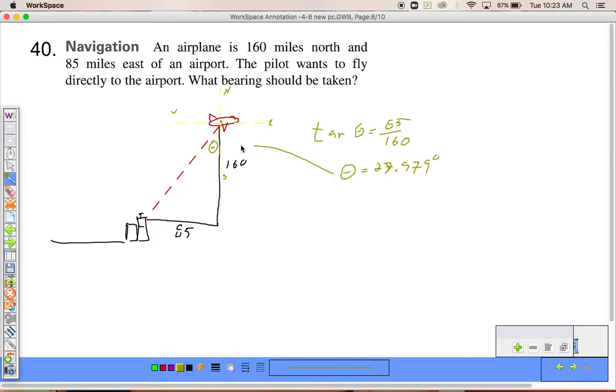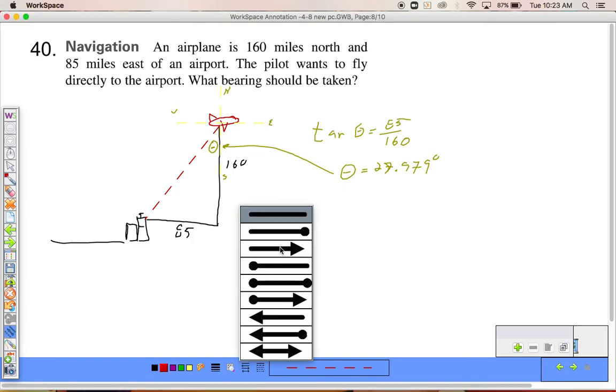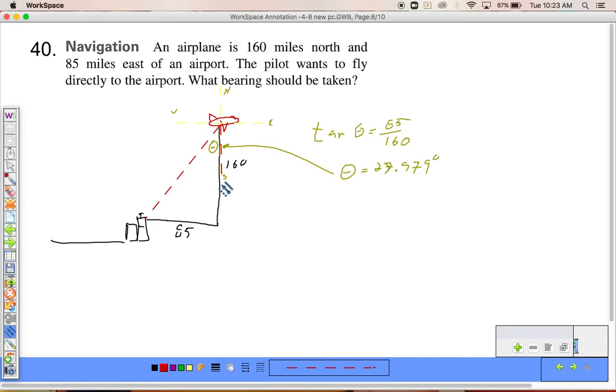So this angle is 27.979, but that's not a bearing. So we have two options. To find my bearing, I'm going to go south 27.979 degrees west. I had to make it a bearing.